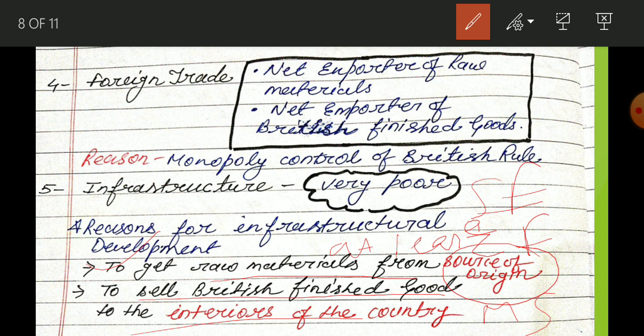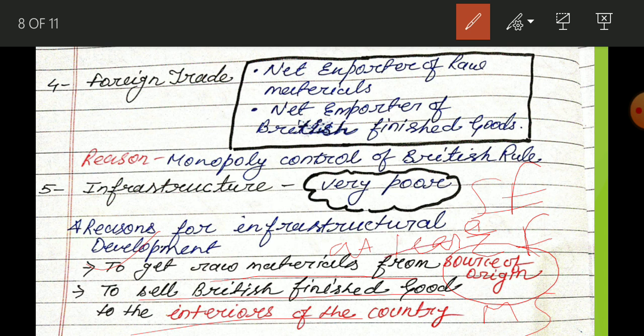If there is a railway in Mizoram or Sikkim, only then can they get spices and other things from the source of origin and sell their product in interior areas. Because of these two purposes we found the infrastructure of that time, but the condition was not sufficient, it was very poor.